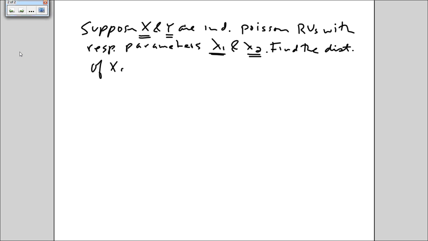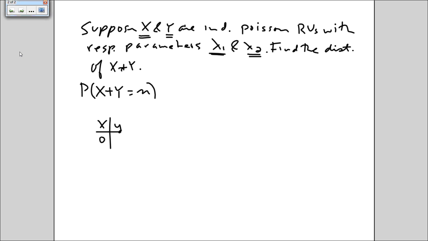Okay, so what is the probability that x plus y equals some value, equals n? Well, there are lots of ways where it can equal n, x and y.